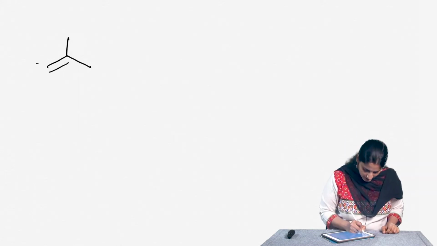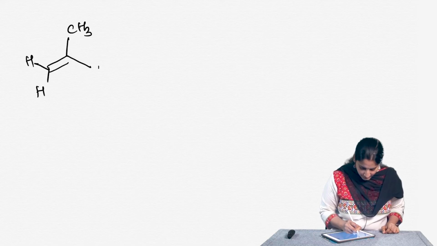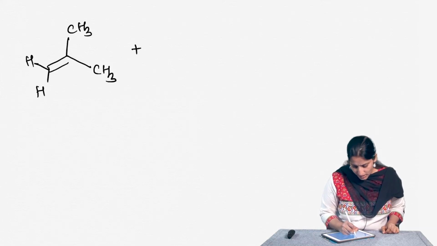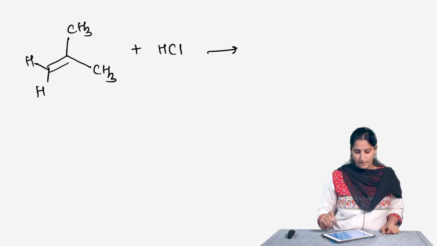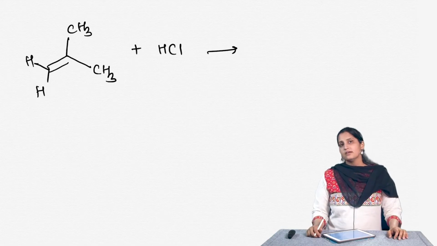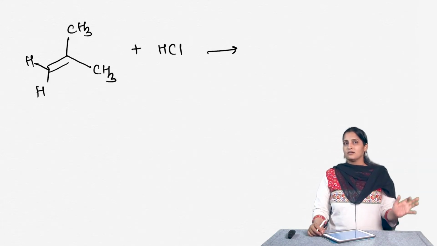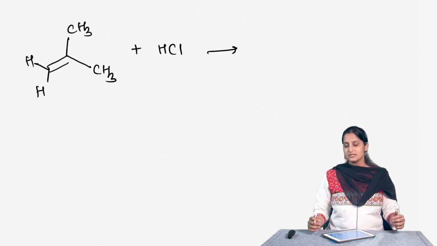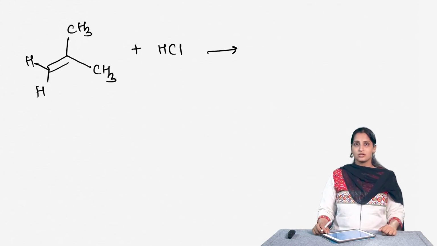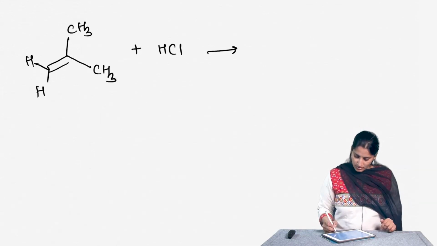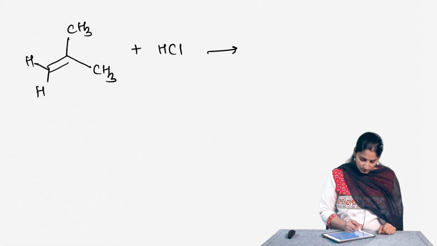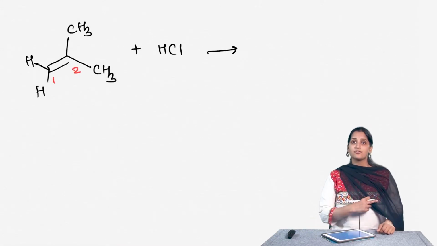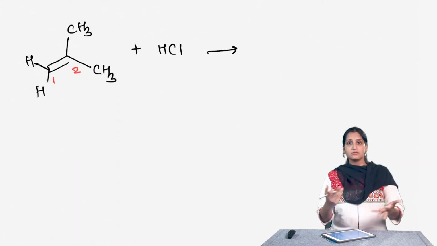So, this is my starting molecule. Now, the question is, if this molecule reacts with HCl, what is going to happen? Remember how I said that each alkene will react in a very particular manner? The answer is yes, it will still do the same reaction. But now, the question is, which of these carbons, 1 or 2, will get the hydrogen, or which of the carbons will get the chlorine.